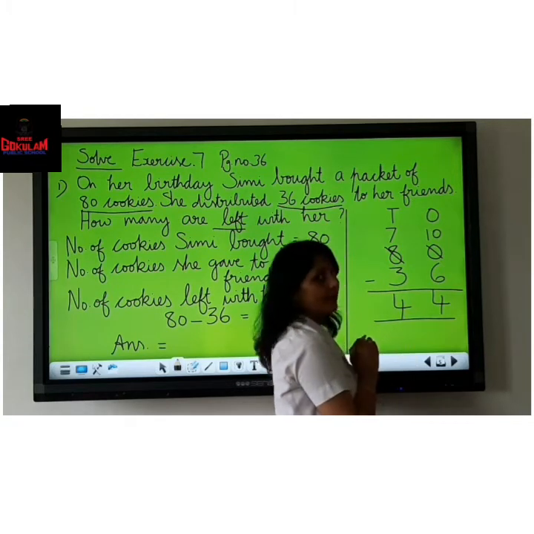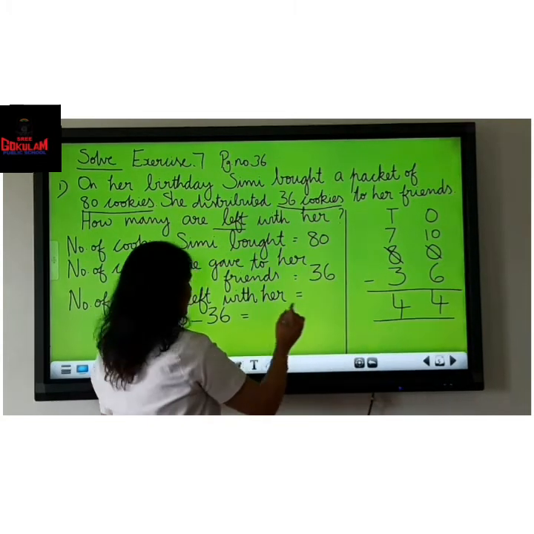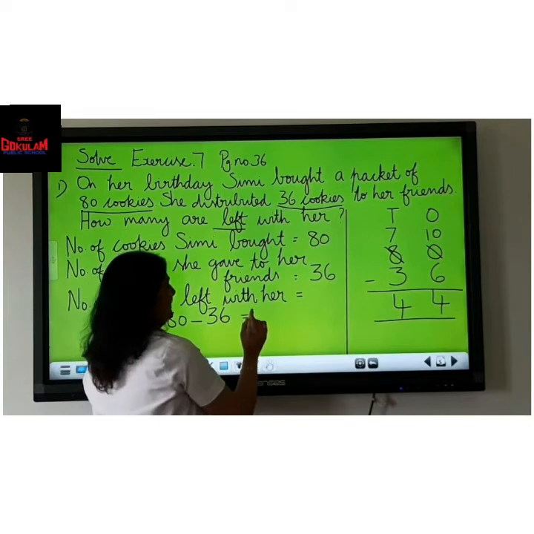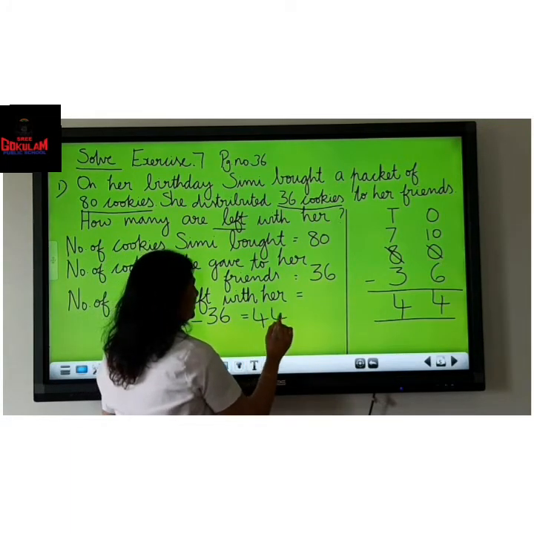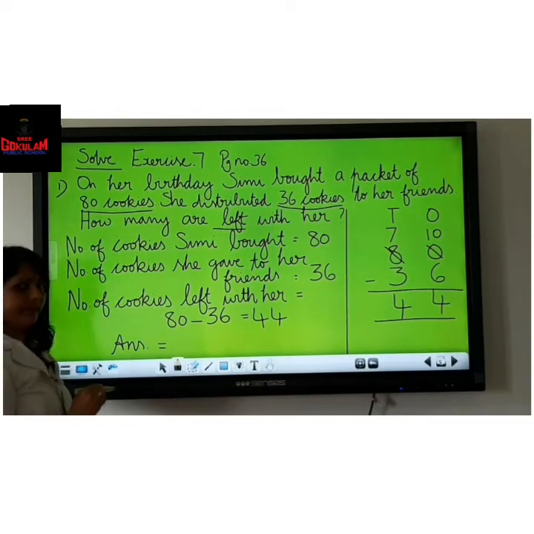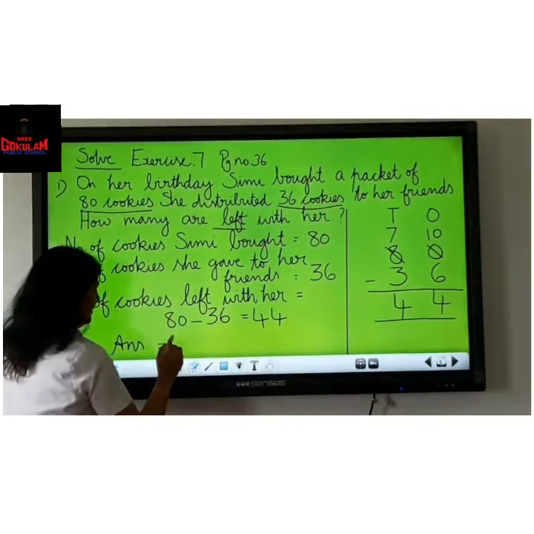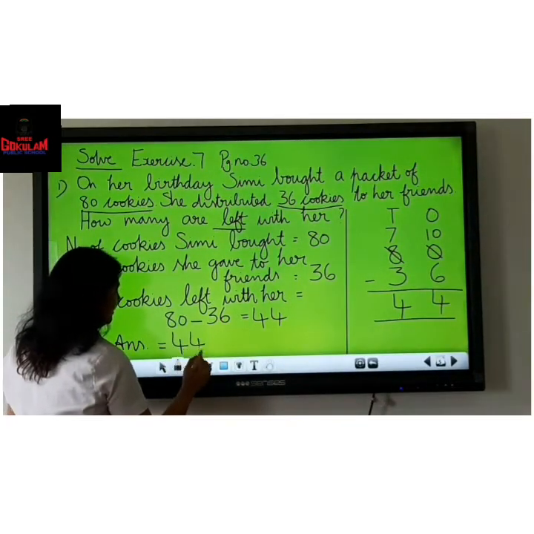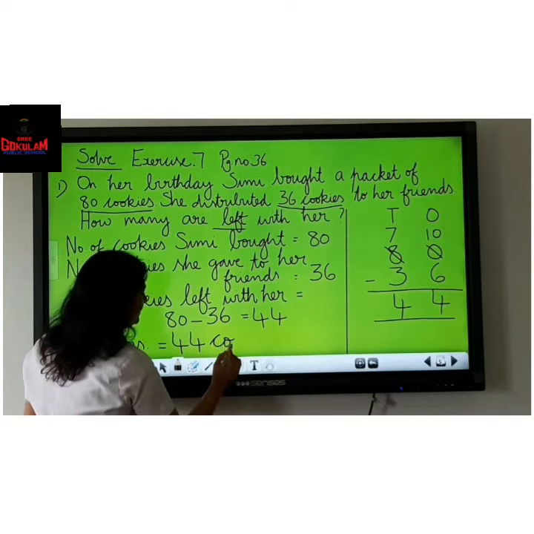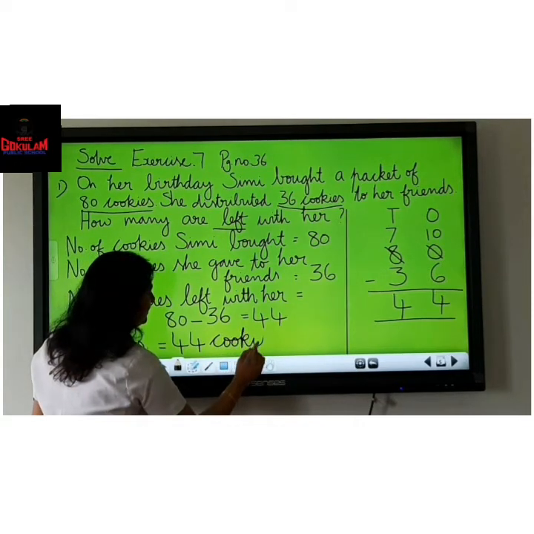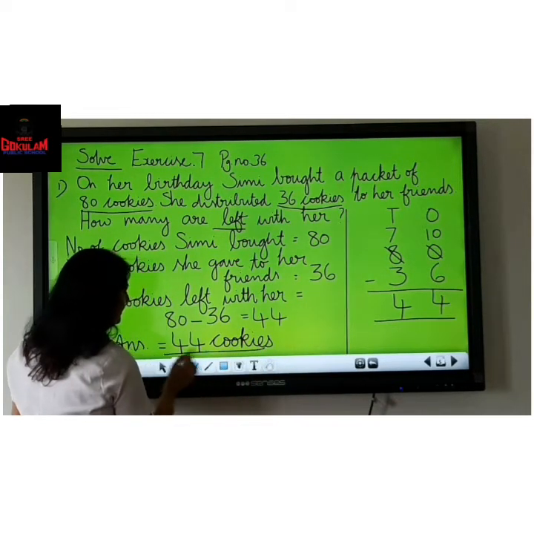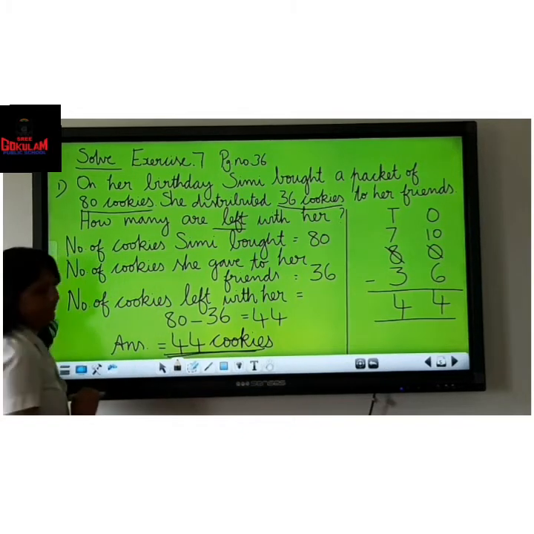So, the answer is 44. 80 minus 36 is 44. How many cookies are left with her now? 44 cookies. This is the answer.